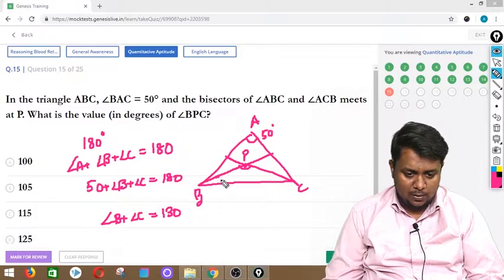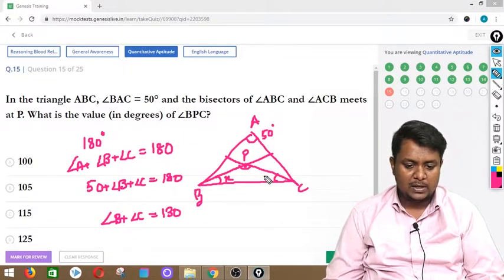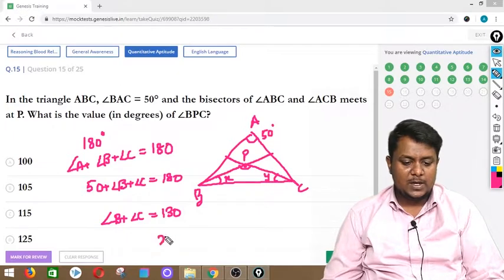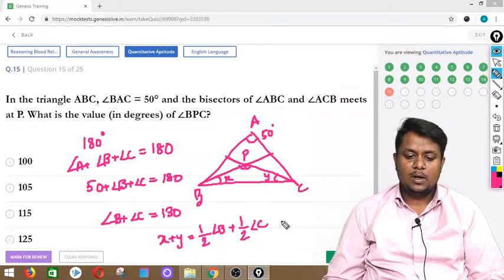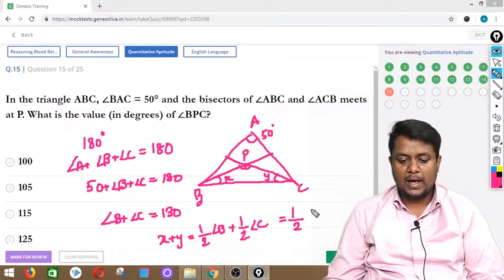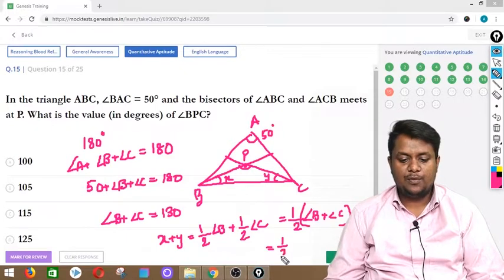Now we will find out these two angles, half of angle B and half of angle C. X plus y is equal to half of angle B plus half of angle C, which is equal to half of angle B plus angle C, which is equal to half of 130, which is 65.